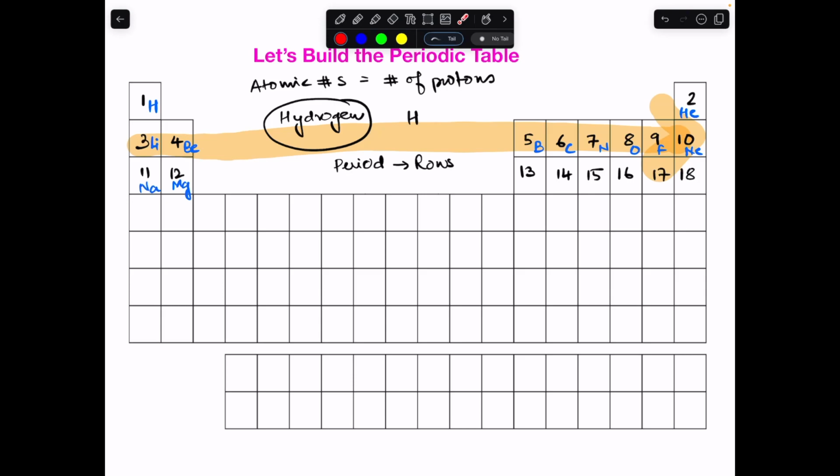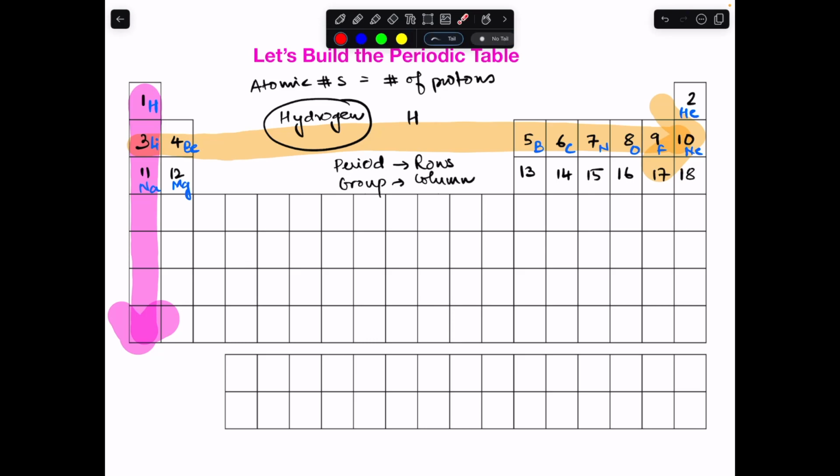Now, if you go down a group, like this, each group is actually a column.